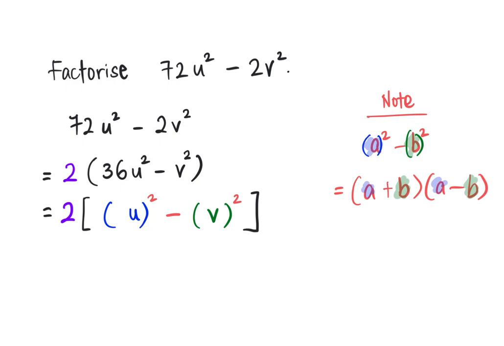What about 36? Yep. 6 times 6 gives me back my 36. And therefore, I will be able to get my final answer. 2 is outside. I will have my A as 6U, V as my B in the formula.